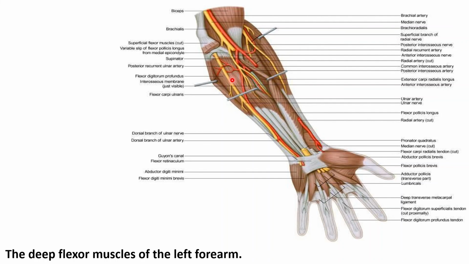So this is the atlas view where we can make out the ulnar nerve accompanied by the ulnar artery. So this is the cut end of the radial artery, which is usually superficial throughout its extent.